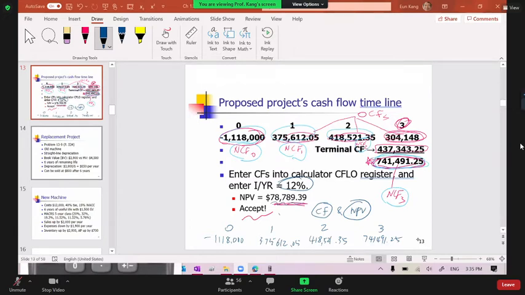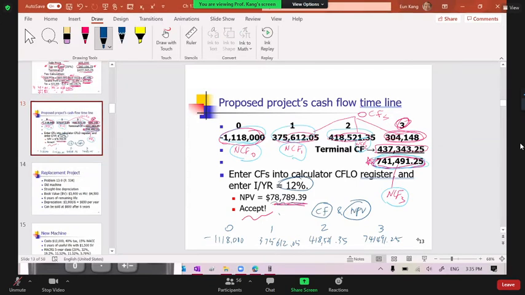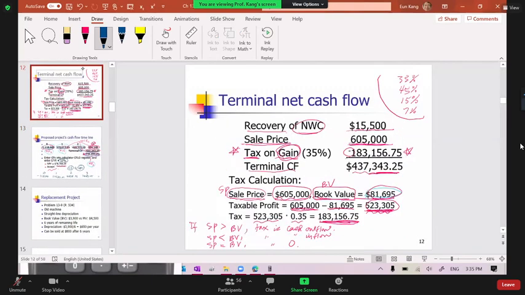Year 3 is what? The termination year, right? And years 1 and 2 are interim years. The project is still going. But year 3 is different. In year 3 you finish the project, terminate the project. Then there are costs or cash flows associated with terminating the project. And that is this one. That is terminal cash flow.